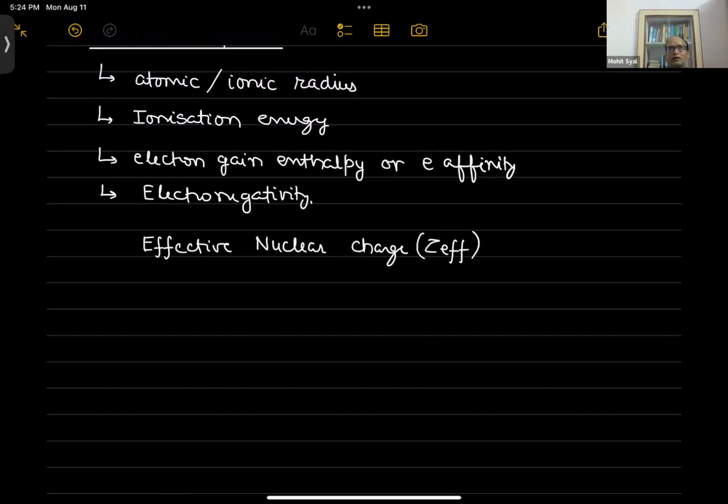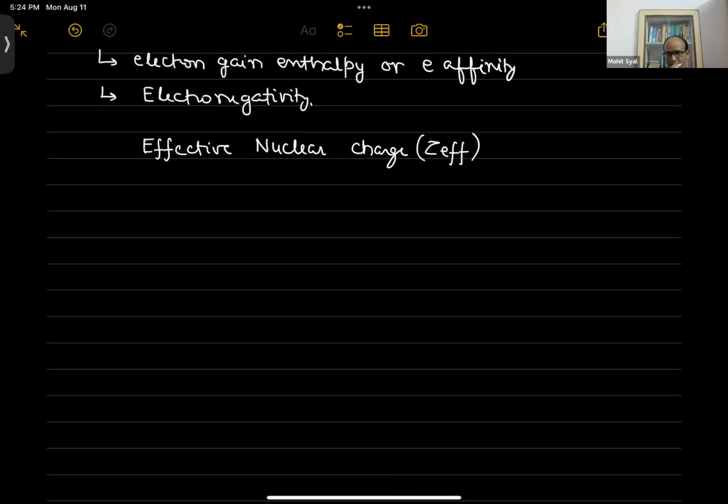Yes, it is because of the protons, or neutrons? It is because of protons only, because only protons carry positive charge. So suppose, for example, you have sodium.